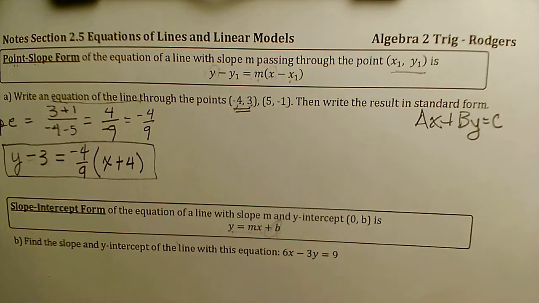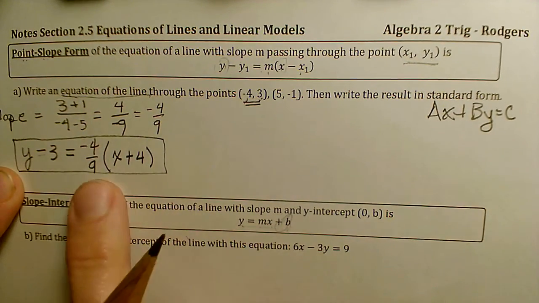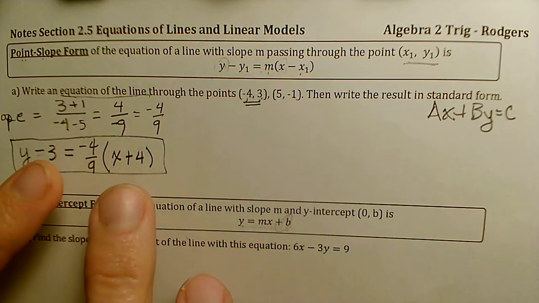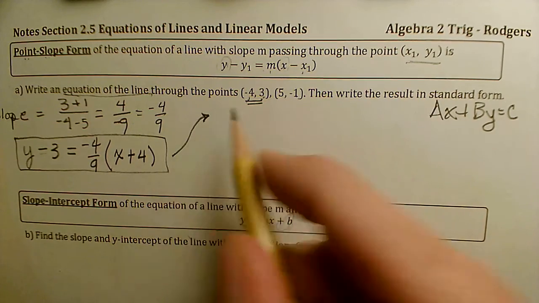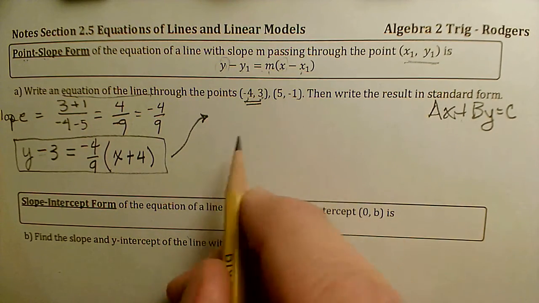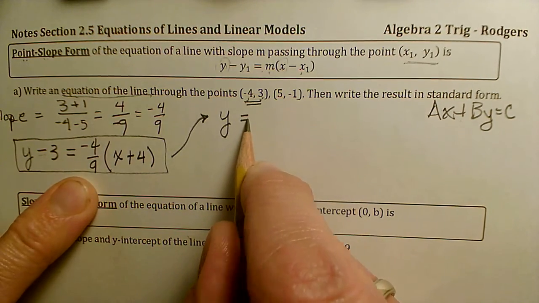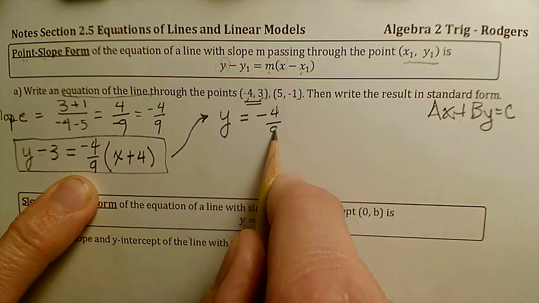All right, but now we do want to write it in standard form. And so that means we want to simplify this. We want to move the x's and y's to one side, the constants to the other. So I'm going to have y equals negative 4/9 x.